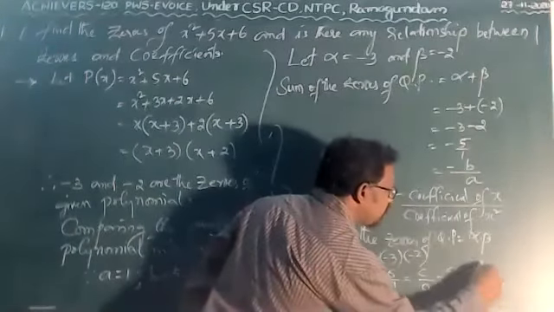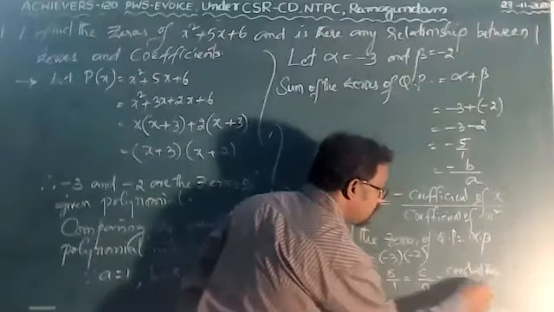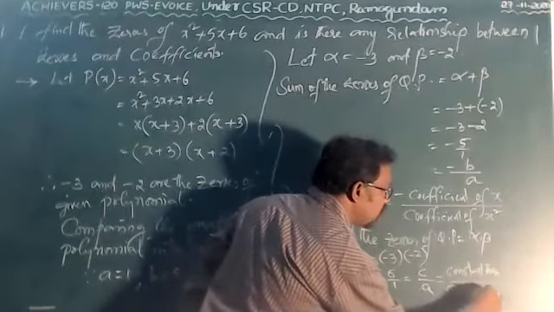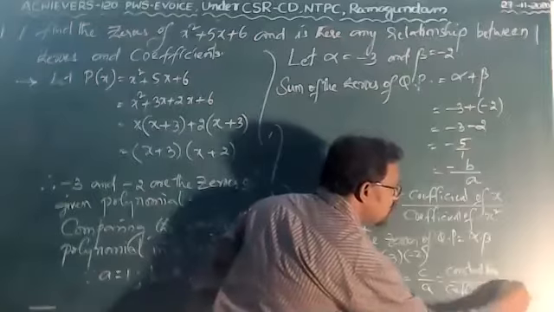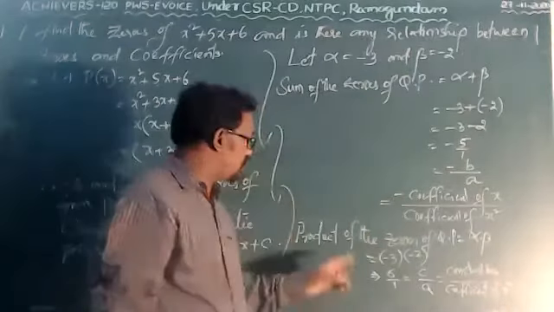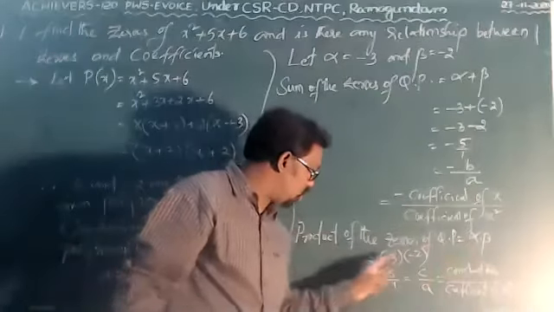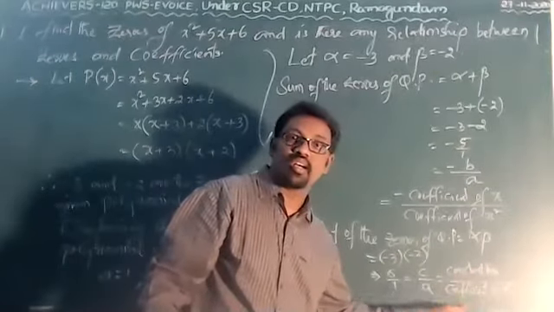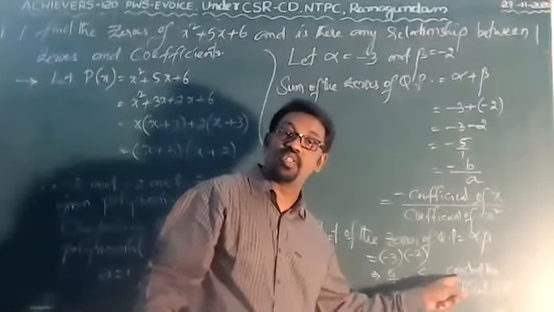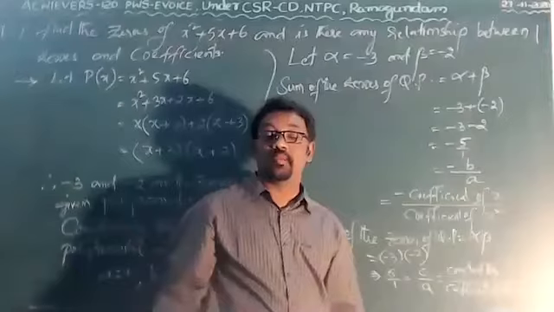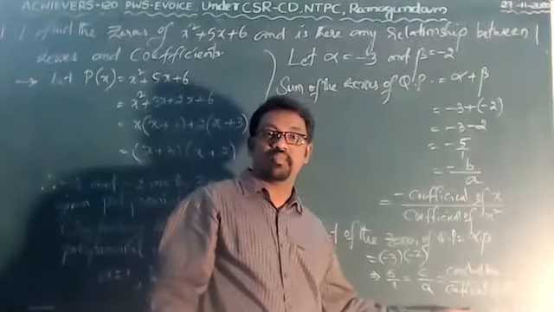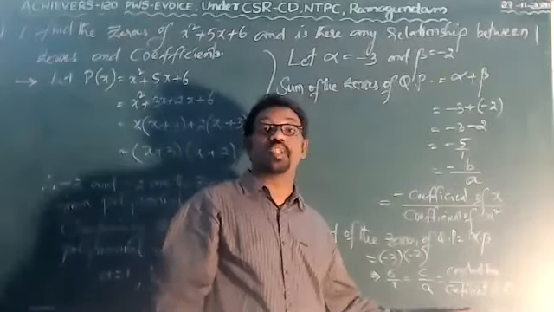Constant term by coefficient of x square. We took the zeros here, and we got the coefficients of the quadratic polynomial: the constant term by the coefficient of x square.